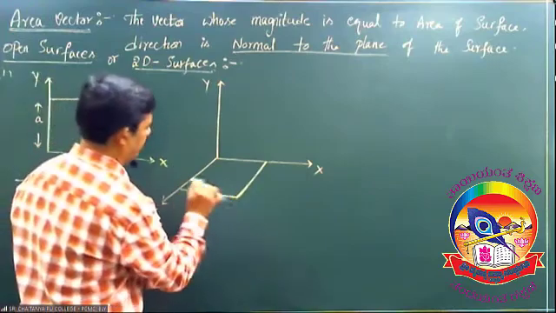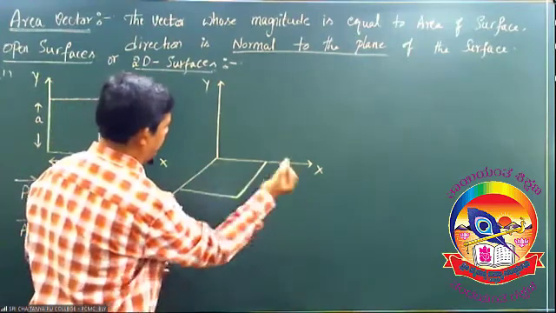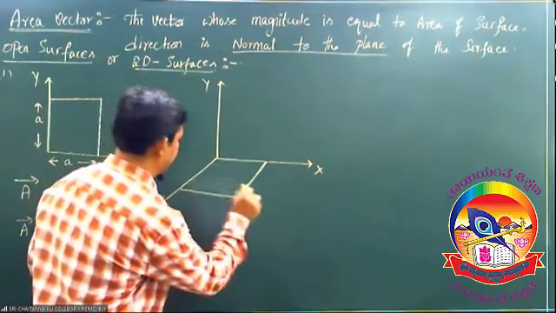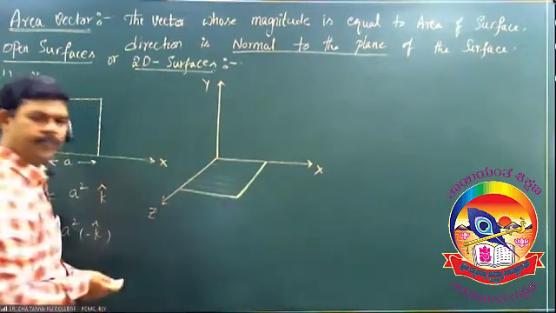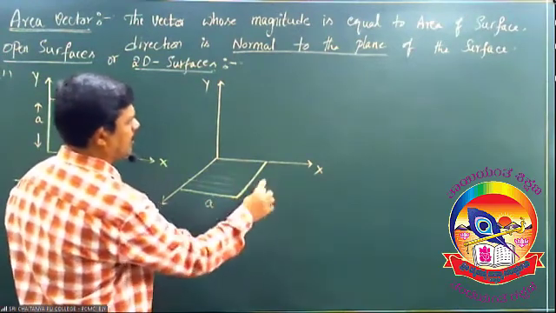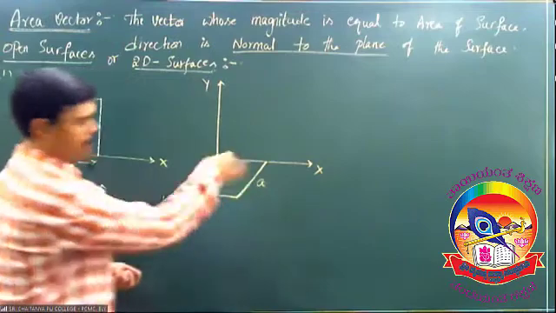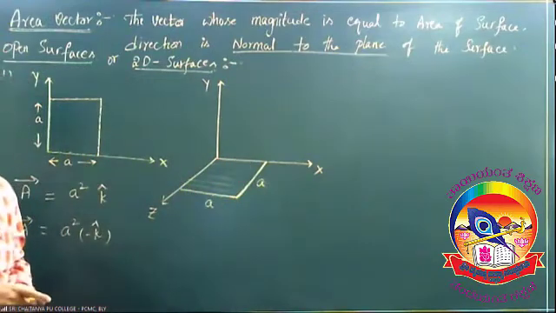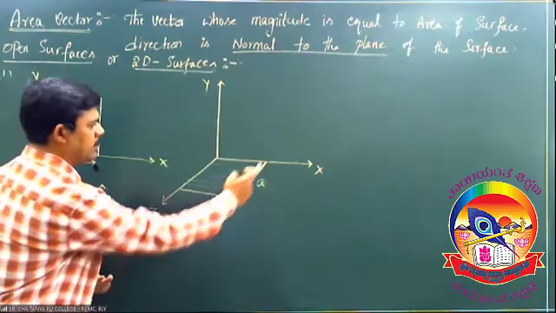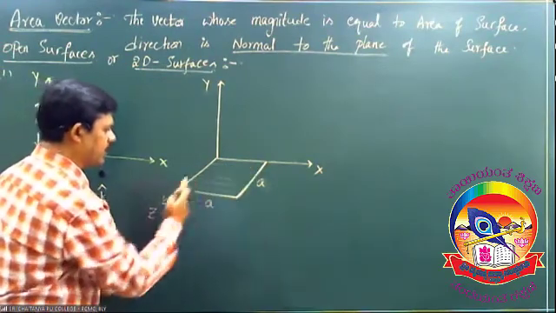This is the plane. For this plane, let A be the side of a square plane surface. What is the area vector of this two-dimensional plane surface?